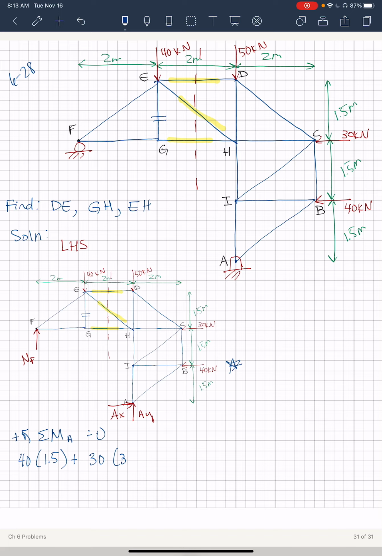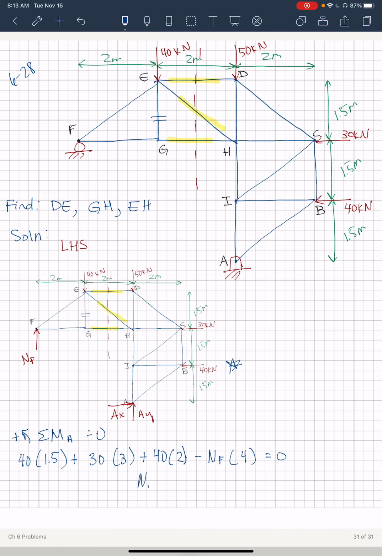I should be putting units for all these, but each of these is kilonewtons times meters. Then that 50 kilonewton force is in line with point A, so it has no moment arm. Then we have the 40 kilonewton force, which using the right hand rule will also create a positive moment. So 40 kilonewtons times a moment arm of 2 meters, and then minus NF times 4 meters, equals 0.